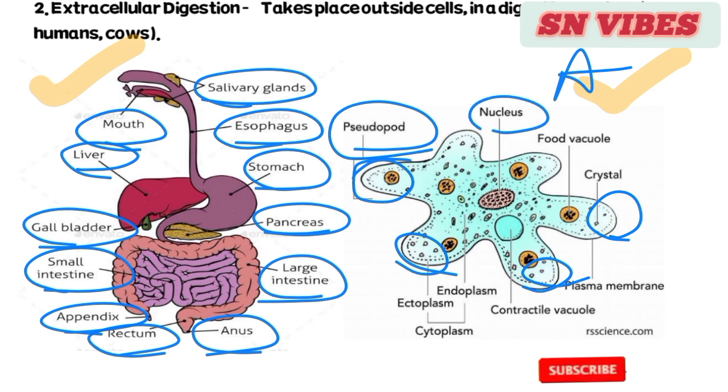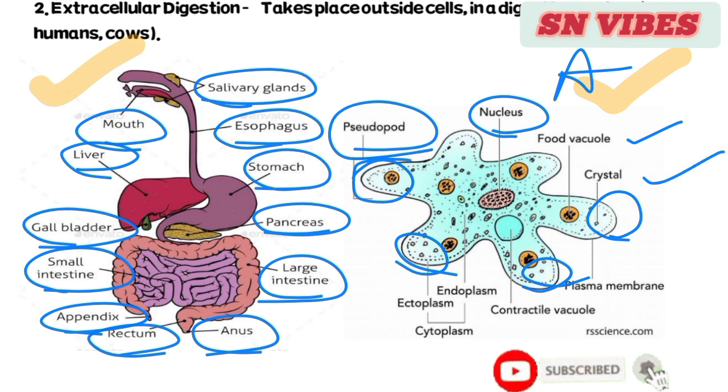The next parts are the nucleus, the food vacuole, the crystals, small granule-like structures, the plasma membrane, contractile vacuole, and the cytoplasm, endoplasm and ectoplasm.